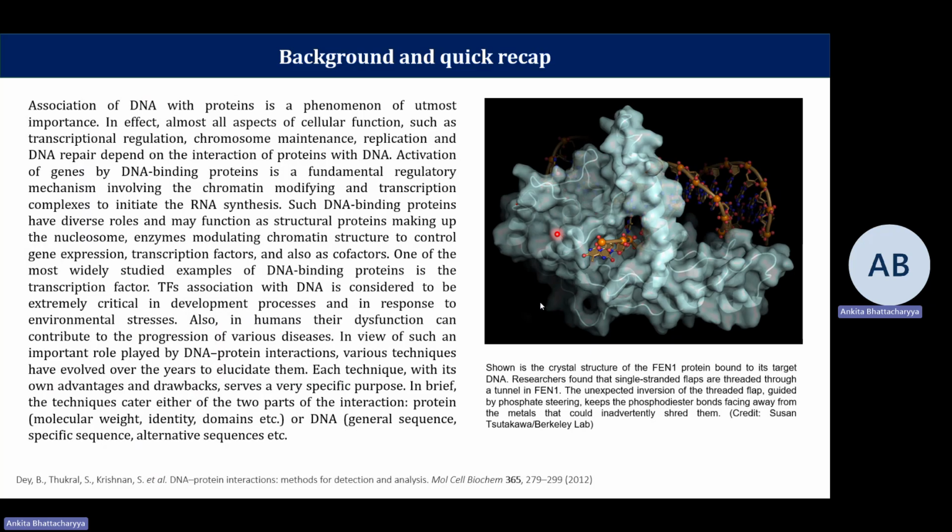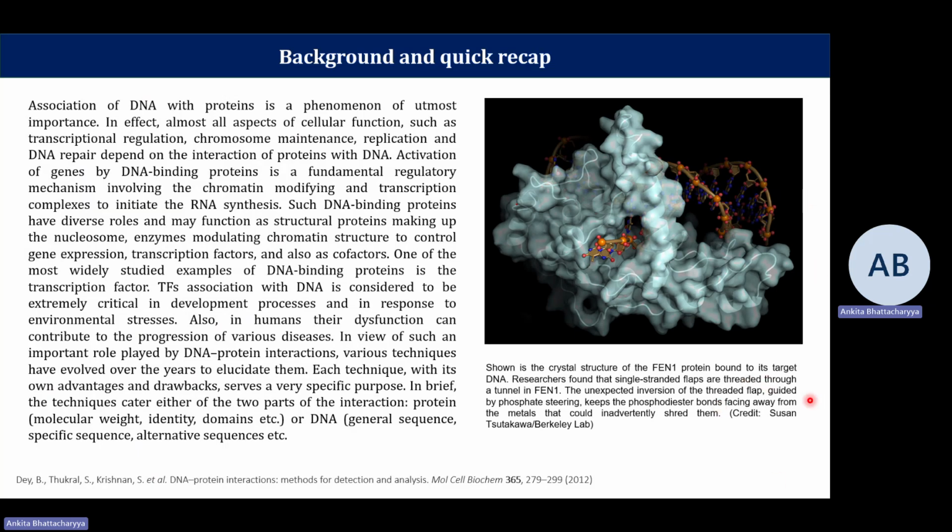So here, what you see on the right is just a reference of a very beautiful structure that was decoded at Berkeley Lab by Susan Tsutakawa. Here you have the structure of FEN1, which is an endonuclease, and how it binds to its target DNA.